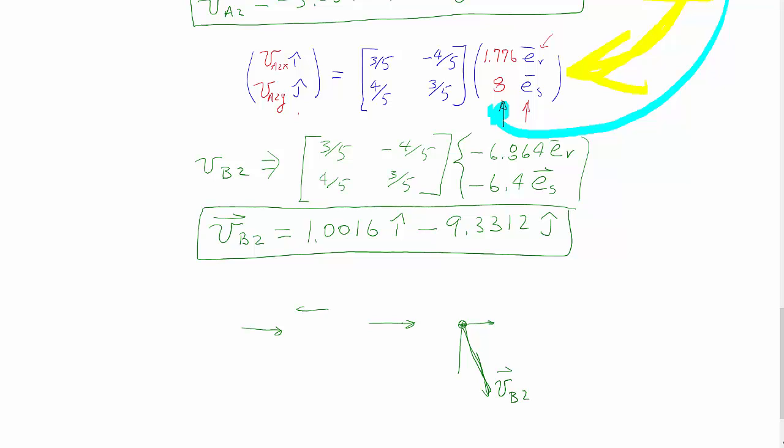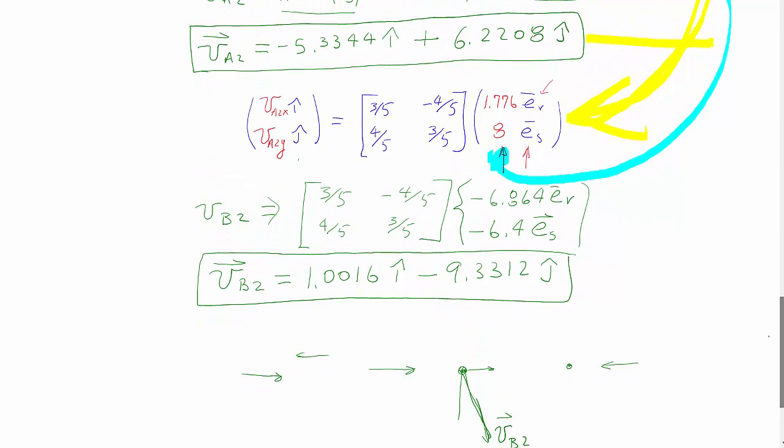The other one, which before impact was like this, after impact looks like it goes to the left 5 and up 6. So it looks like it heads off in that direction. Here was the before, and there was the after.